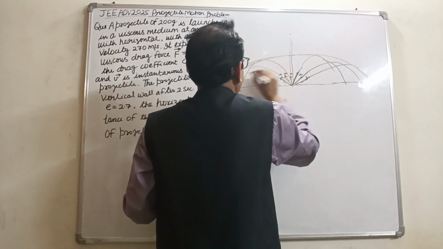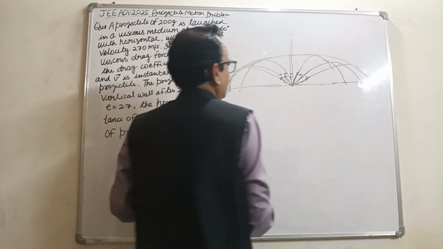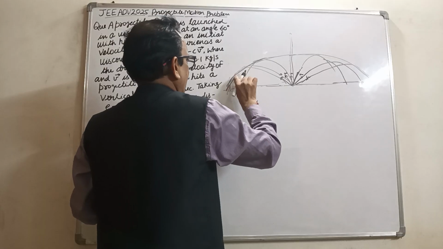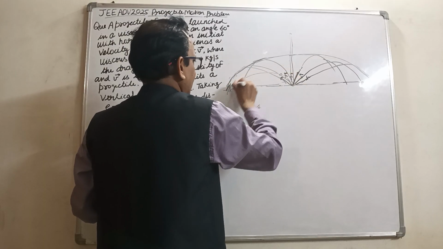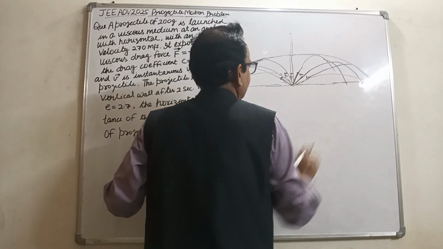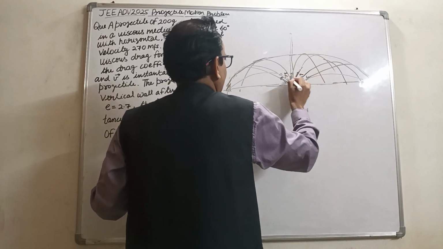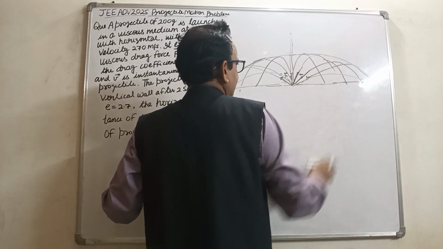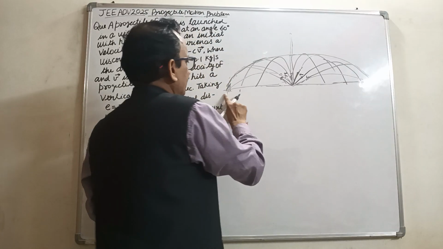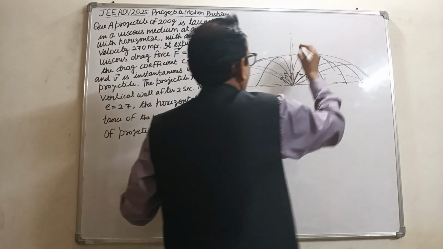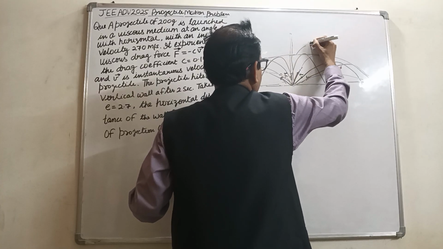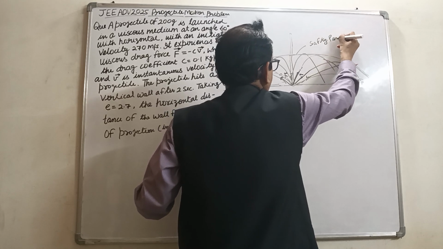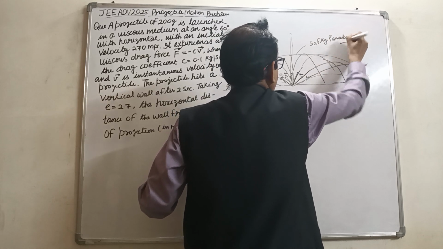Beyond this region, the bullet is either just grazing this region or inside this region. The bullet is either inside the region or grazing it. So we have to generate an equation for the safety parabola. This region is called the safety parabola.